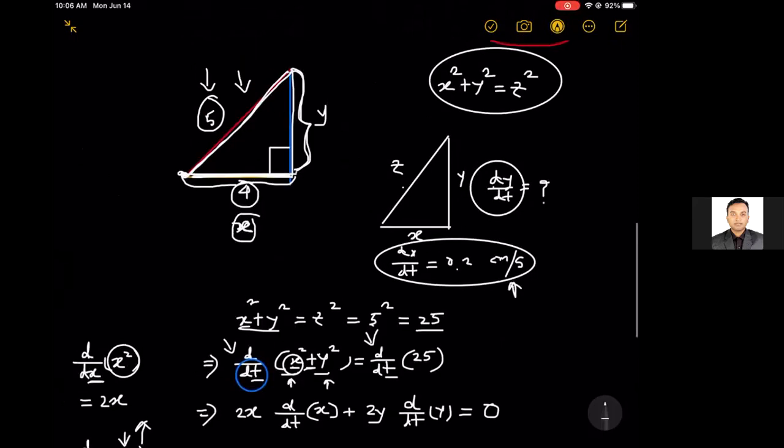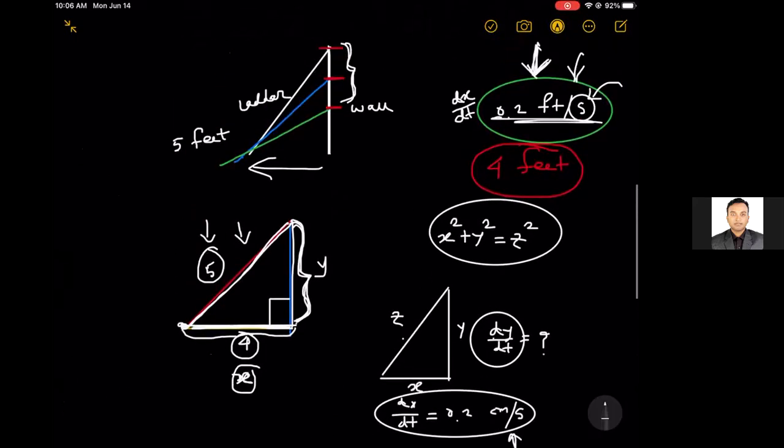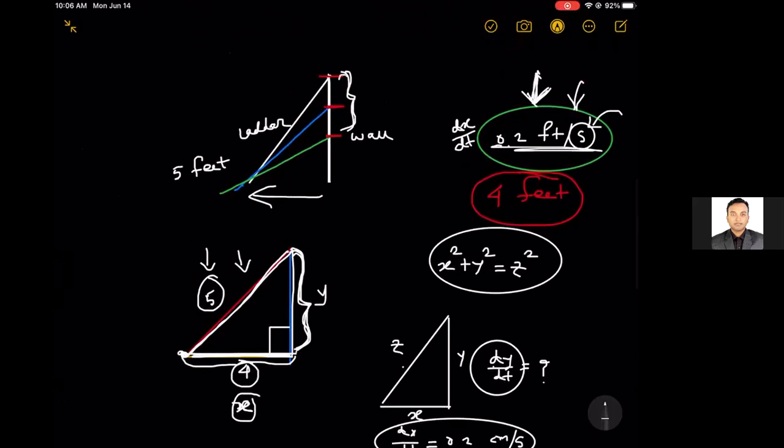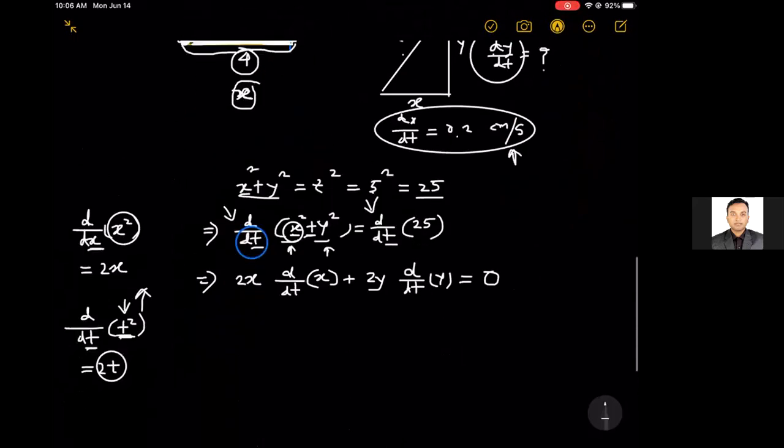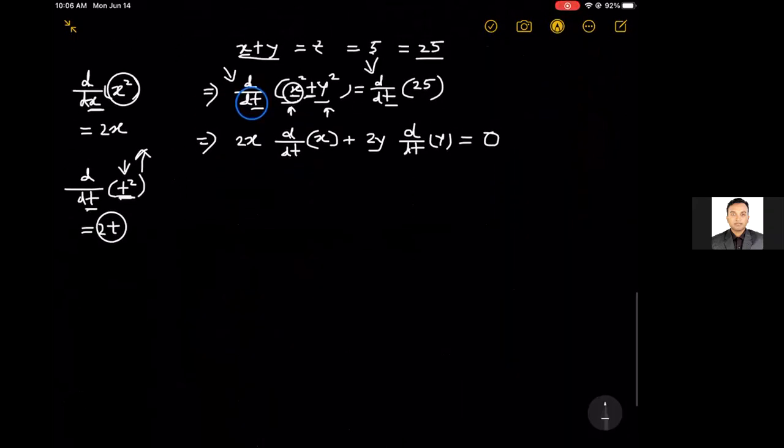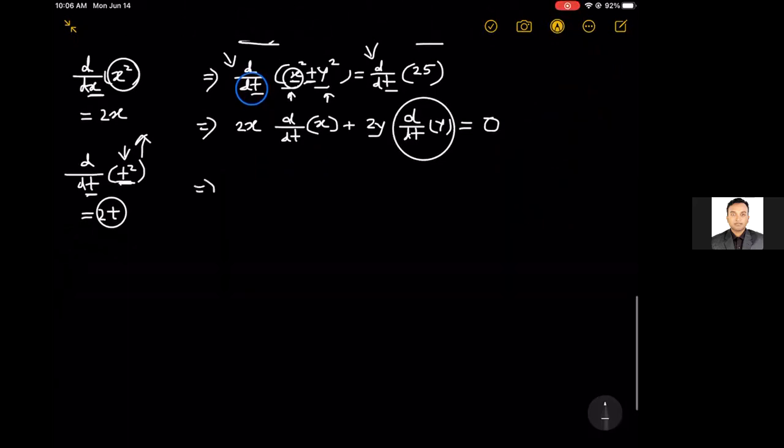That means the rate of change in this direction when I was sliding down, right? So we are trying to find the value of this. Let's isolate it first, okay?